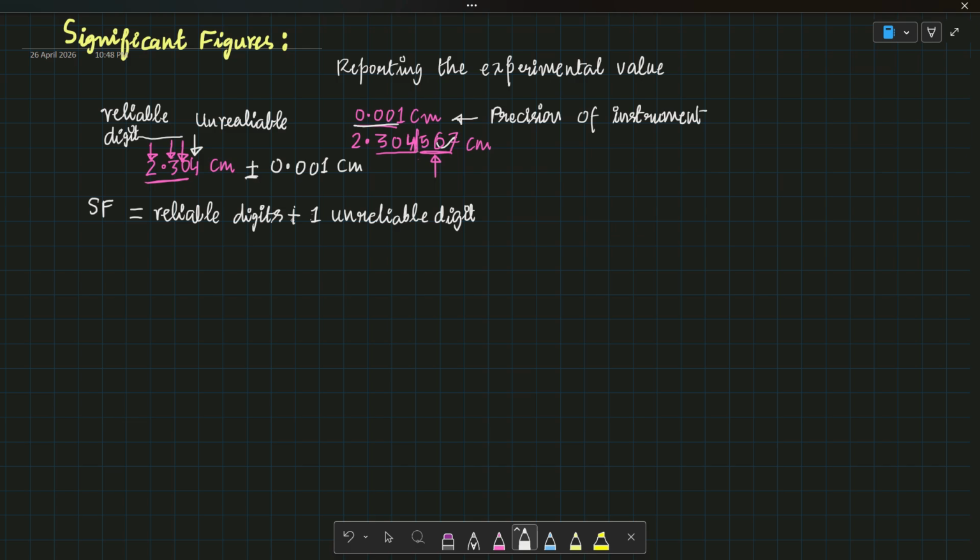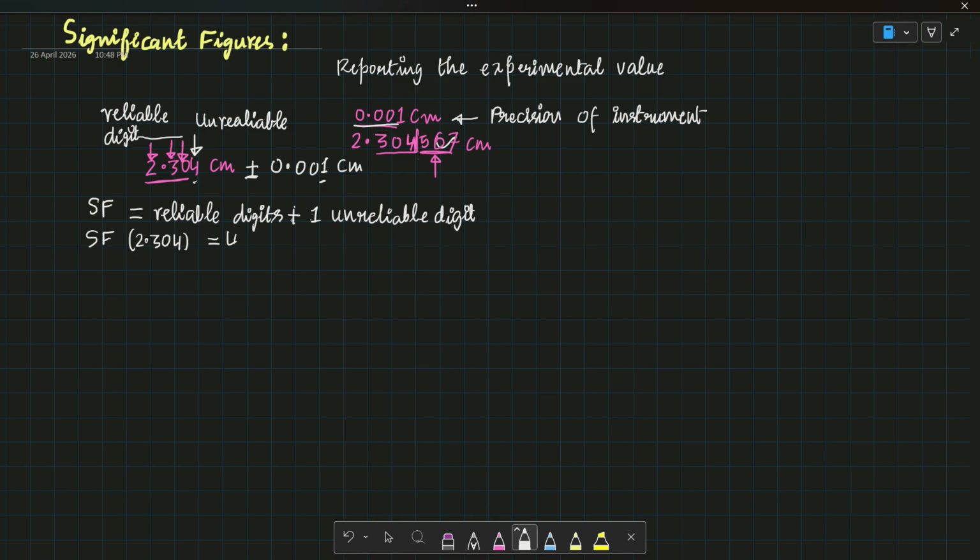If the precision of the instrument is 0.001 centimeter, then this last digit is unreliable because there is a chance of error, and that's why the significant figures for 2.304 will be 4.